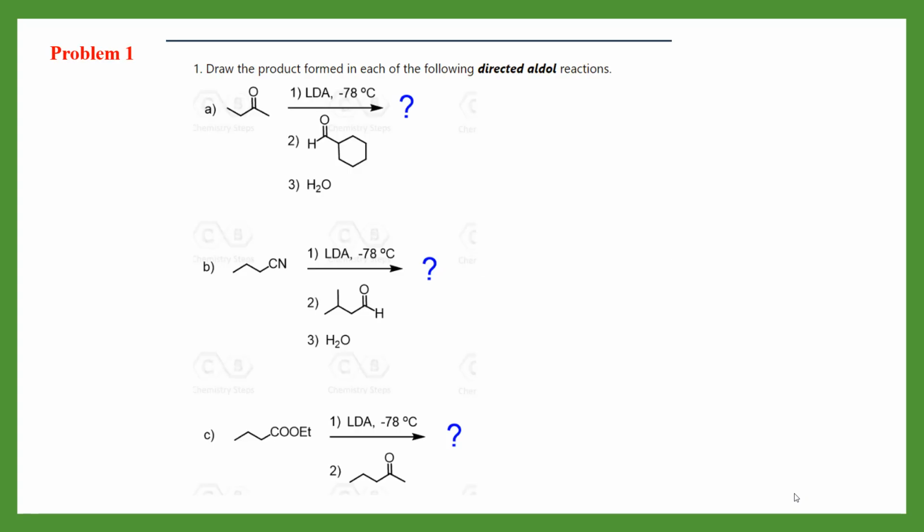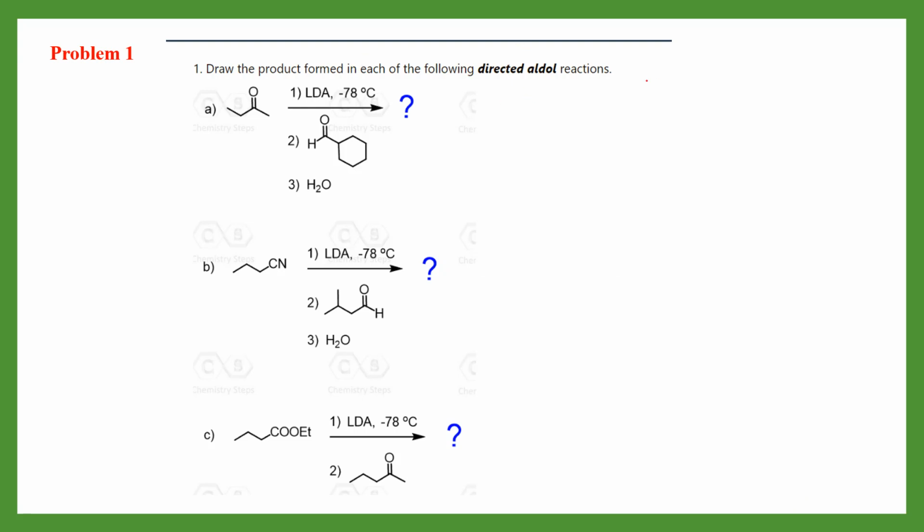So this is problem number 1 for this session. Draw the product formed in each of the following directed aldol reactions. You have to tell me the product which can be formed in this aldol reaction.